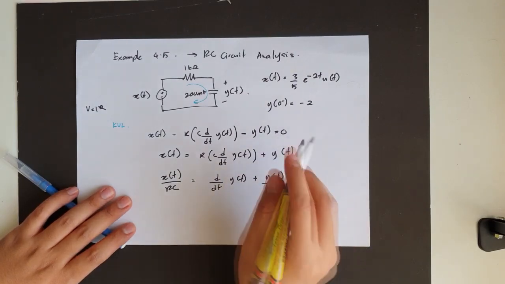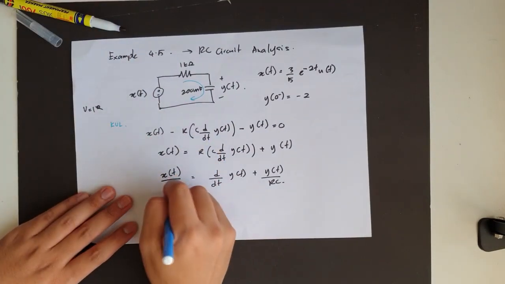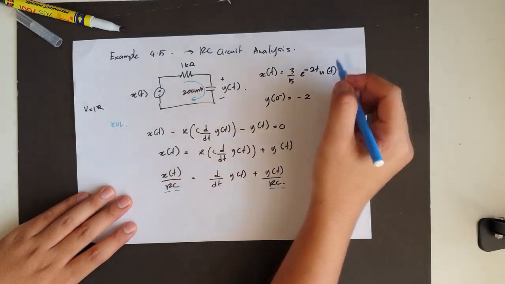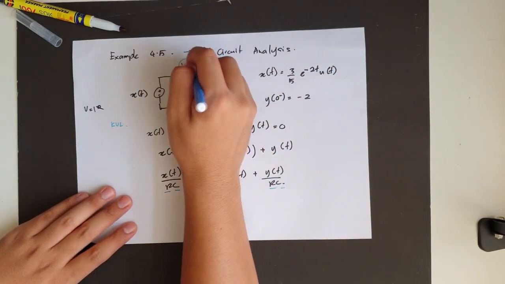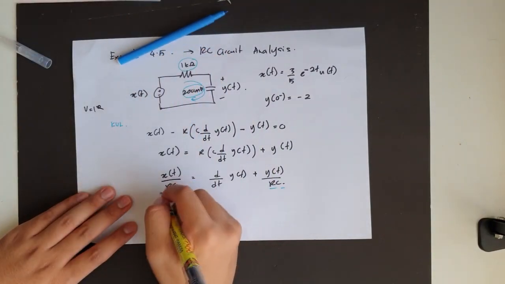Then we replace R and C, which are 1 kilo ohm and 200 millifarad.